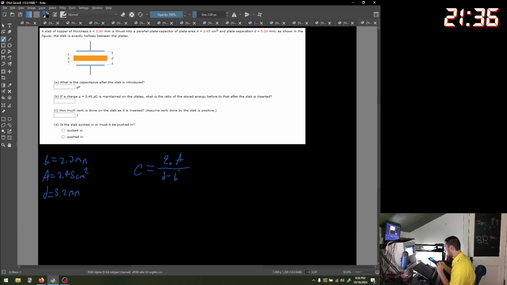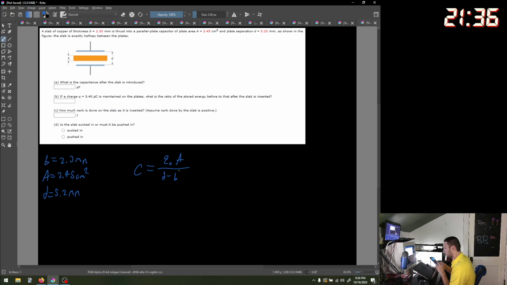8.85 times 10 to the negative 12 times the area, which is 2.45 centimeters squared. It's going to be times 10 to the negative 3rd, I believe.